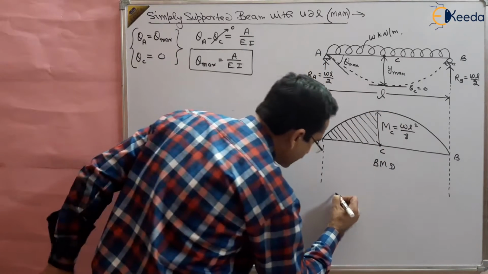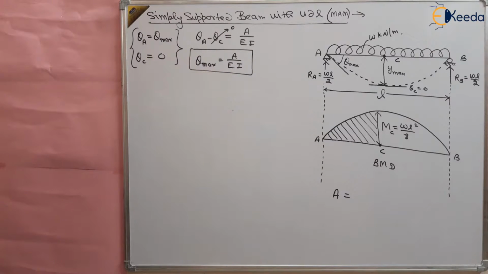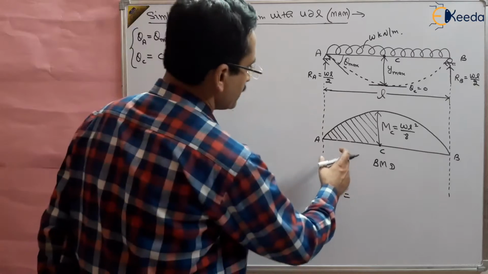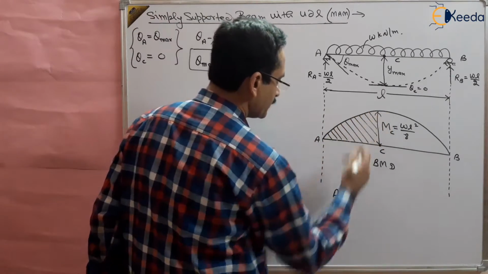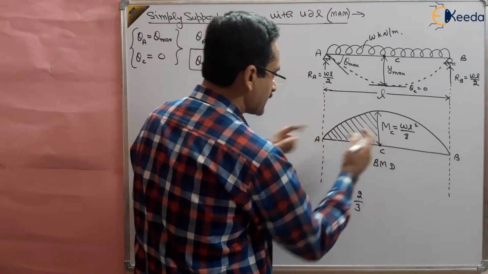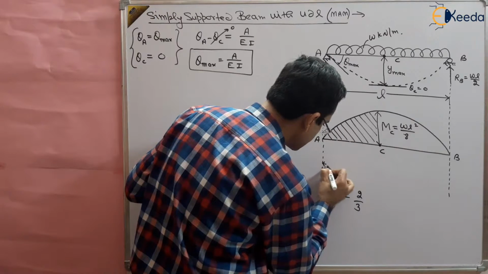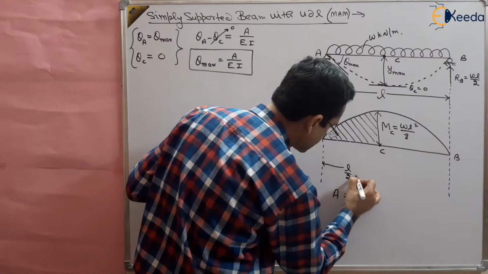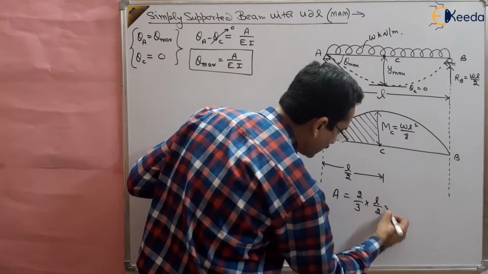And for this, the area of the parabolic curve is given by 2/3 of base into height, like in a triangle, you know, half into base into height. What is the base? This distance is L by 2. You know already that this distance is half of the total distance, L by 2. So base is L by 2 multiplied by height.